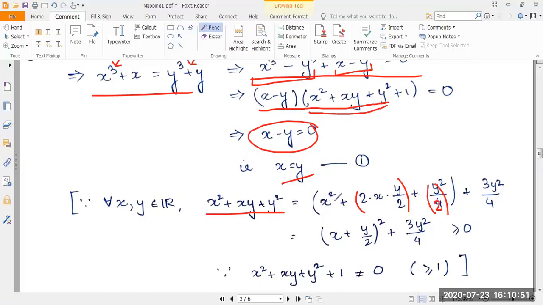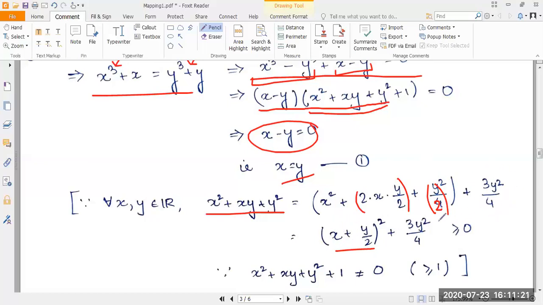So now if I replace x with a and y by 2 with b, I can get this expression as a square plus 2ab plus b square, which we know is equal to (a plus b) whole square. So I replace it with (a plus b) whole square. So x square plus 2 into x into y by 2 plus y square by 4, which is essentially (y by 2) whole square, can be written as (x plus y by 2) whole square.